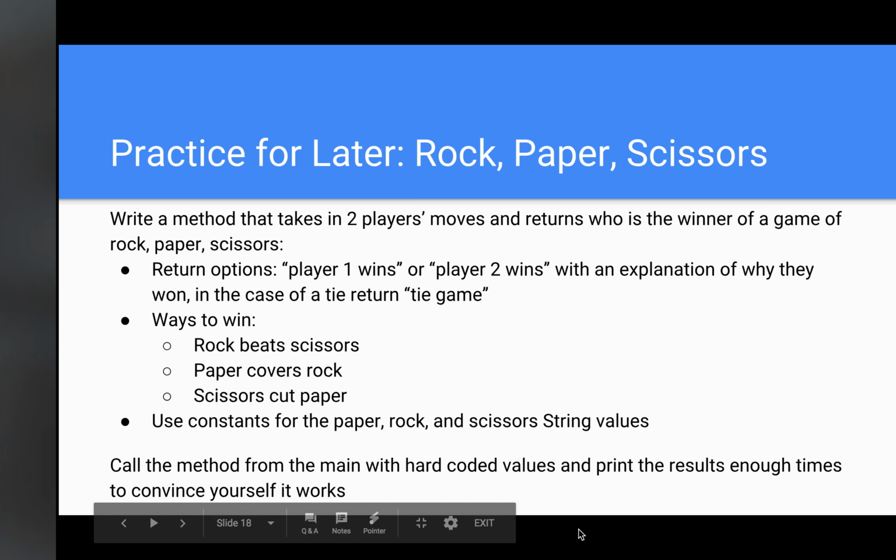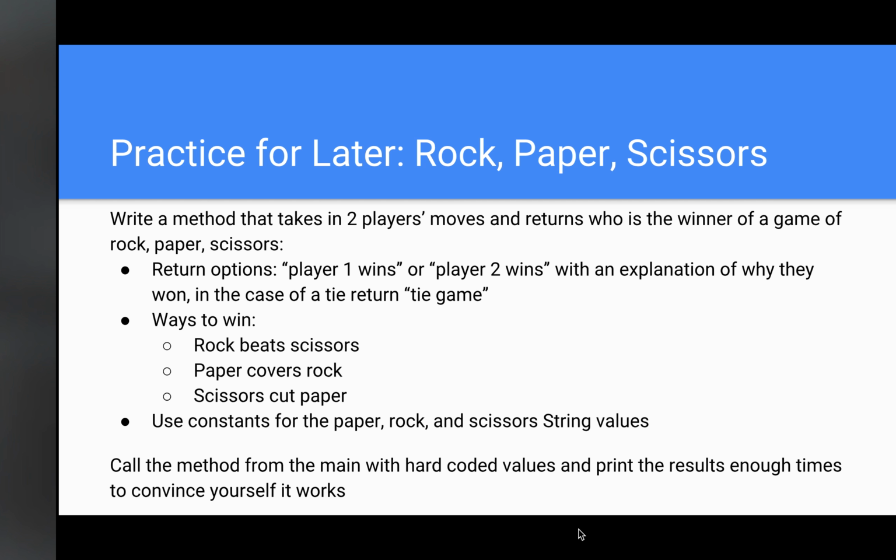So practice for later: paper, rock, scissors. Write a method that takes in 2 players' moves and returns who is the winner of the game of rock, paper, scissors. The return options are player 1 wins or player 2 wins with an explanation of why they won. In the case of a tie, return tie game.